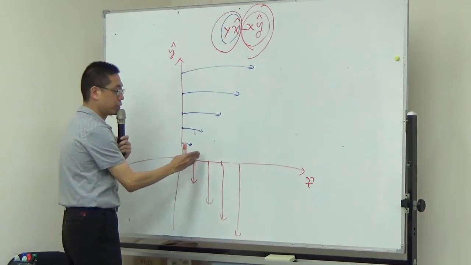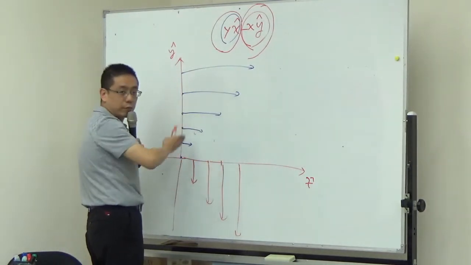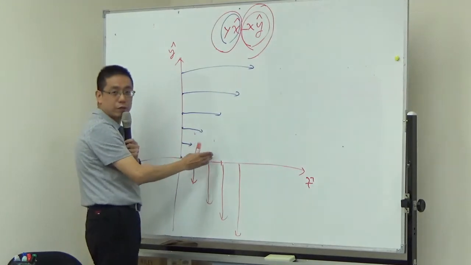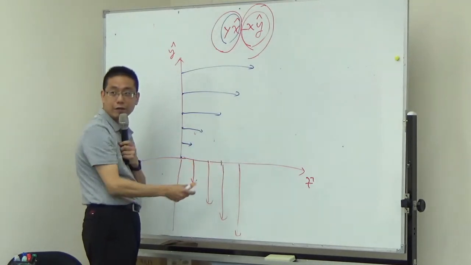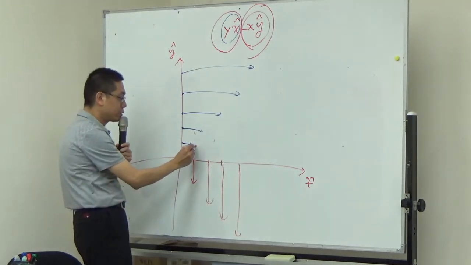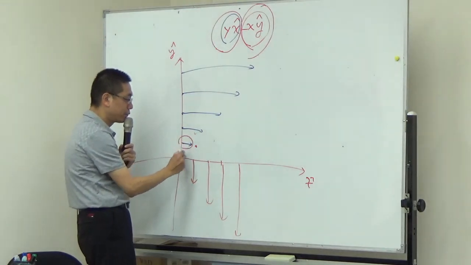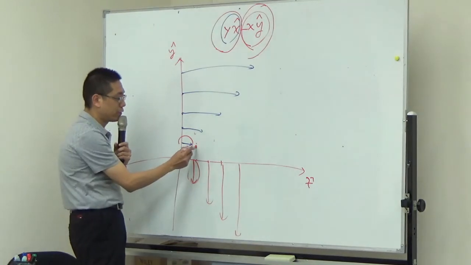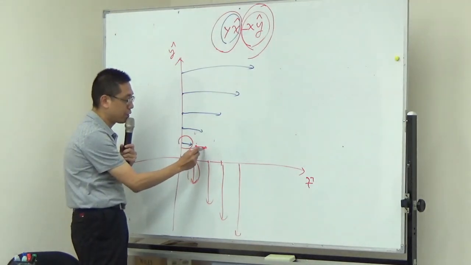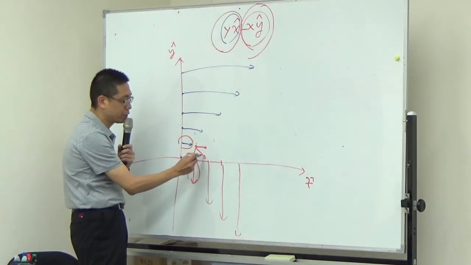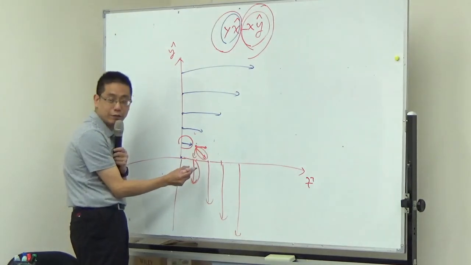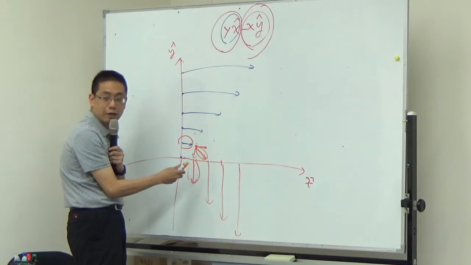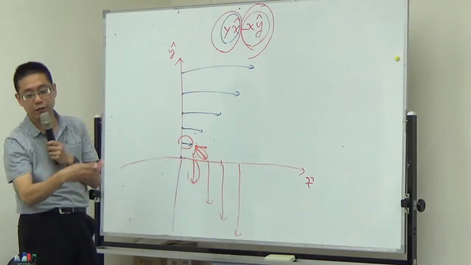For each different horizontal position, for each point, you sum them together. For example, for this point, this one plus this one equals this direction. For this point, it's this direction, right? And for the other directions, which one is the answer?